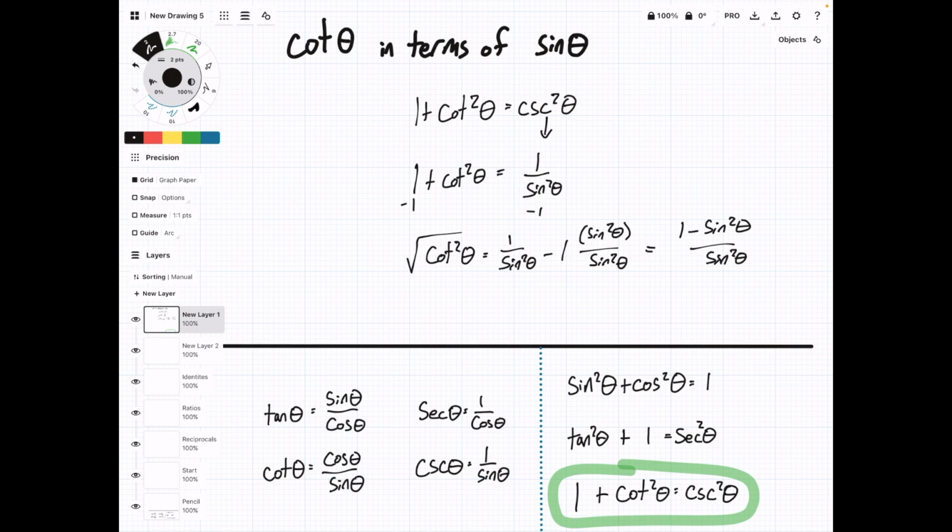And then we're going to take the square root of both sides. Cotangent theta is equal to plus or minus the square root of 1 minus sine squared theta over sine theta. So what I did was, this was a square root and I just got rid of it. So the final answer is here.